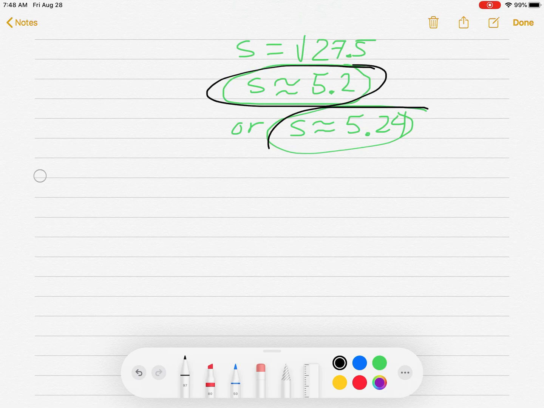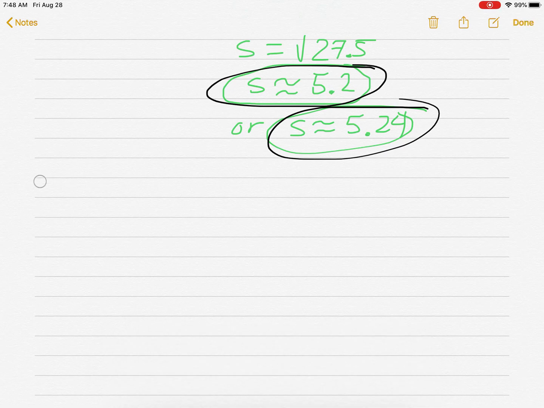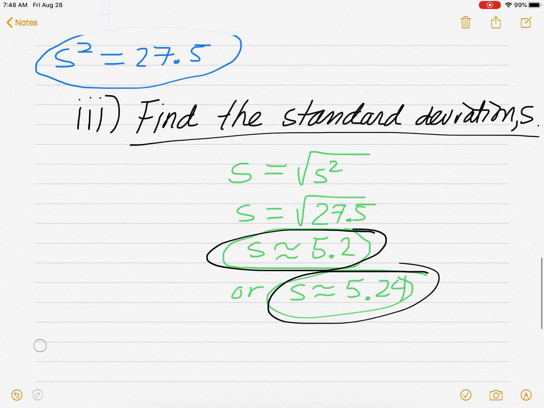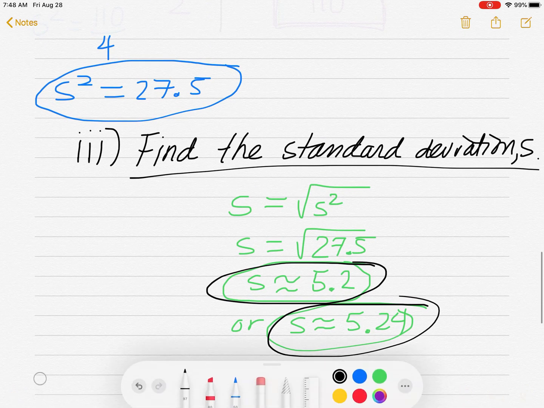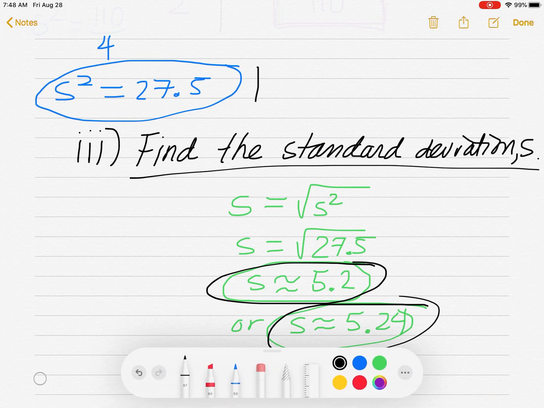That's fine, but sometimes I like to go an extra decimal place. That's just me. So 5.2 or 5.24, either one's fine. All right, so that's calculating standard deviation. Notice that s squared is in terms of kilograms squared, and s is in terms of kilograms. All right, I think we're going to end it there.